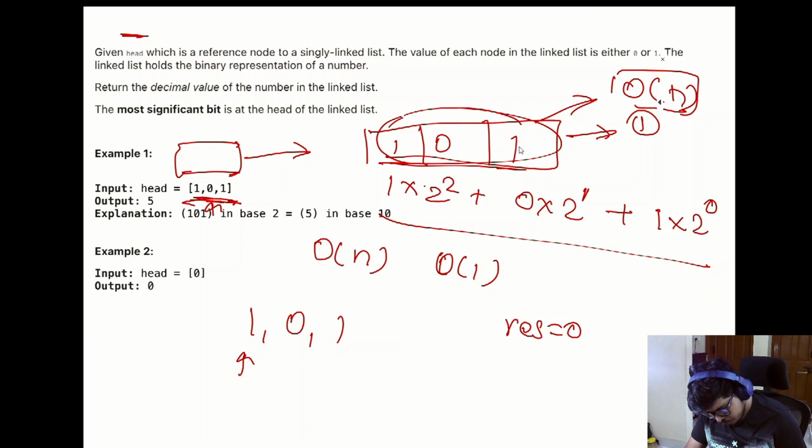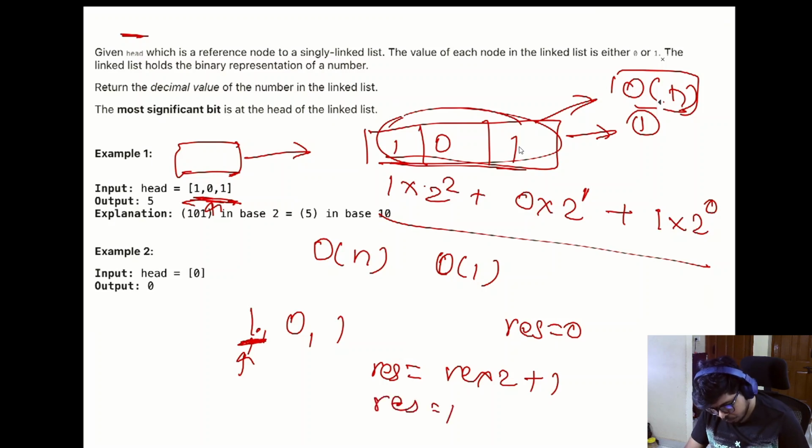Result is equal to this. Now we will get here 1. So we will multiply the result by 2 plus this value. So the result becomes 1.